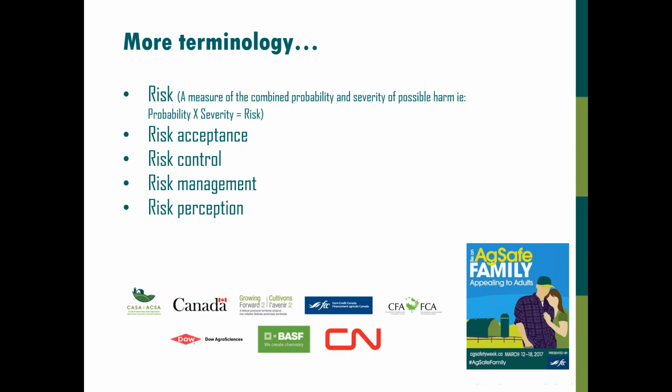Risk control is the strategy used for mitigating the risk and minimizing its impact on the operation. Risk management rides closely with risk control in terms of how you manage that risk. And lastly, risk perception: how many people perceive the risk to be real, and how many perceive the severity of that risk.